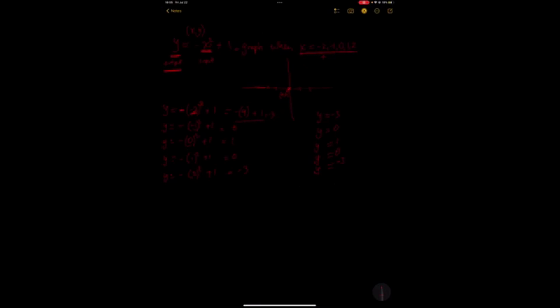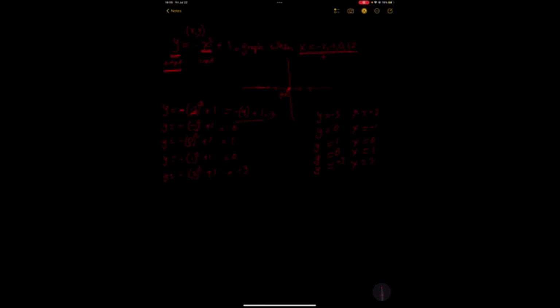Y equals 1, x was 0. Y equals 0, x was 1. Y equals negative 3, x was 2. So the abscissas are: x is equal to negative 2, x is equal to negative 1, x is equal to 0, x is equal to 1, x is equal to 2.